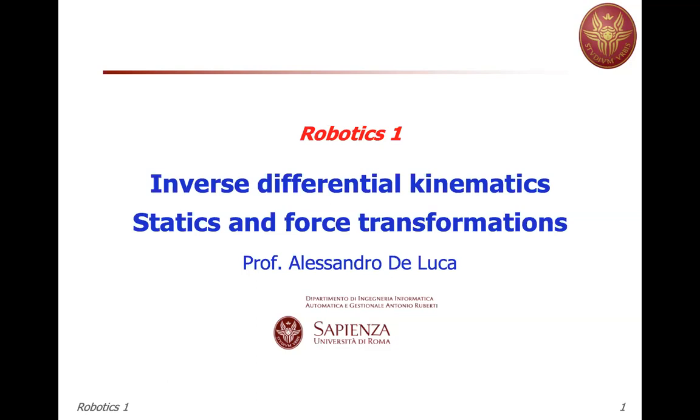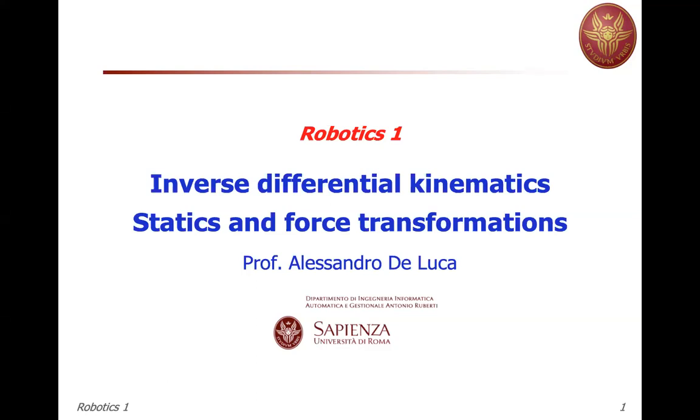Given a desired motion at the end effector level, in particular, why not, a velocity, how do we generate a velocity at the joint level where the actuators are placed, so where we command motion, in such a way that we realize that desired velocity? And this is something done at every configuration. While moving, you have to repeat this computation on and on.